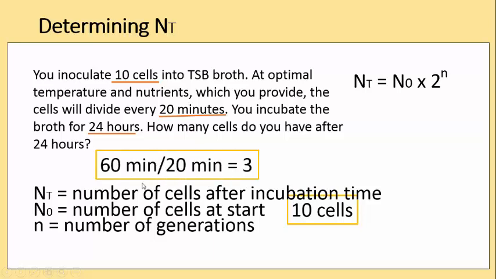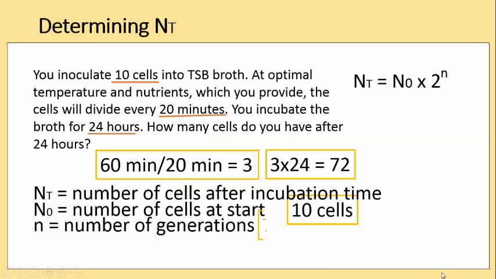Well, there's 60 minutes in an hour, you divide it by 20 and you get 3. Okay, so for every hour, my cells are going to divide 3 times. I incubate it for 24 hours, so I take 3, the number of times the cells are going to divide per hour, times 24 hours, and I get 72.